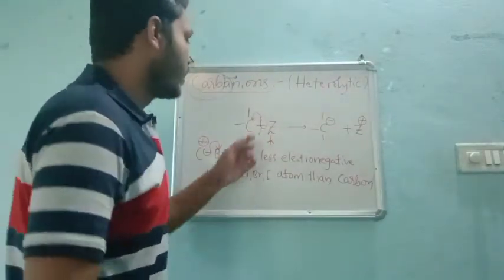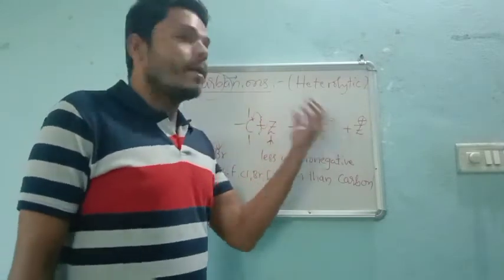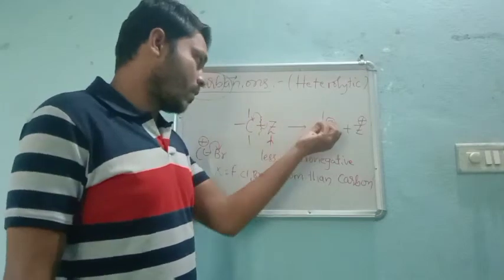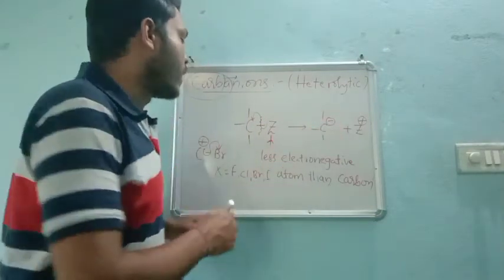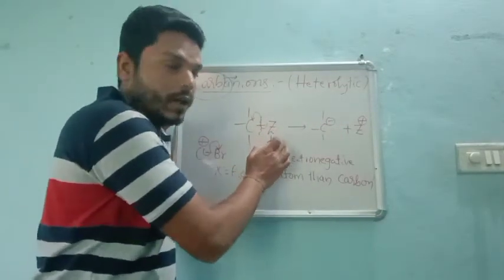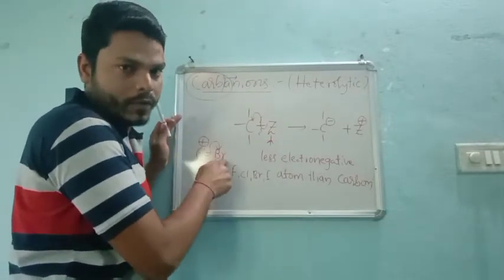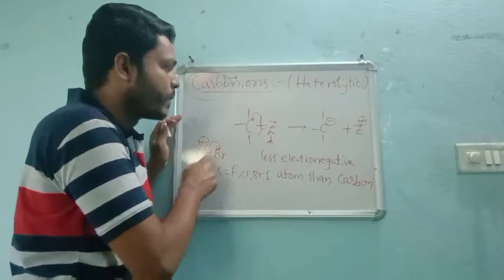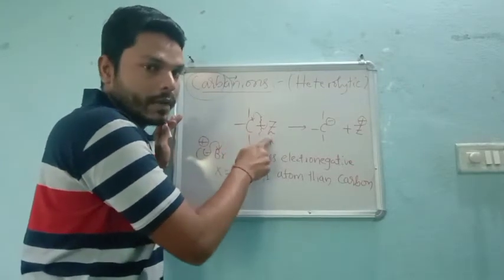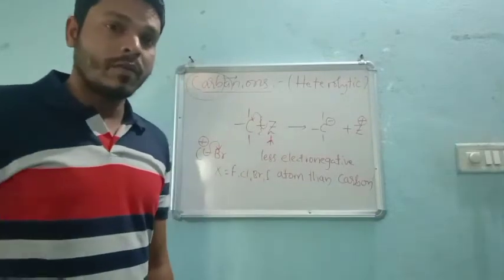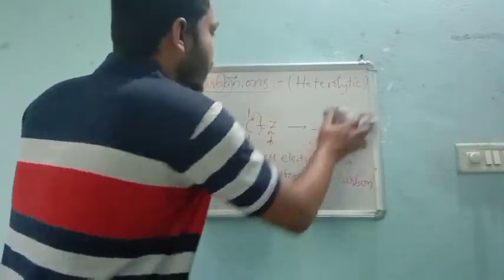So that's why this carbon will retain these bonded pair of electrons on itself, and Z will undergo the loss. Like here, carbon undergoes the loss because the other atom is more electronegative than the carbon. Here it is less electronegative than the carbon. So that's why negative charge will form.